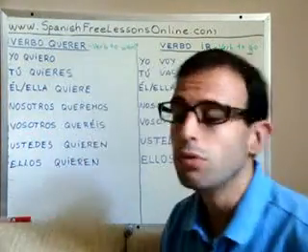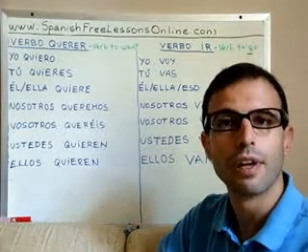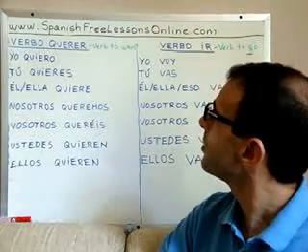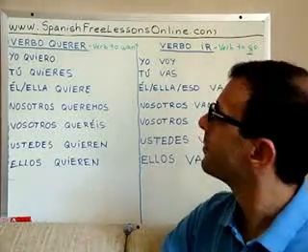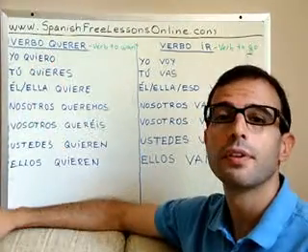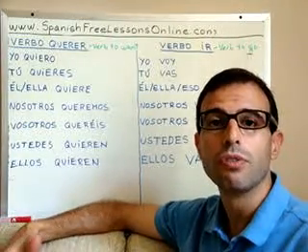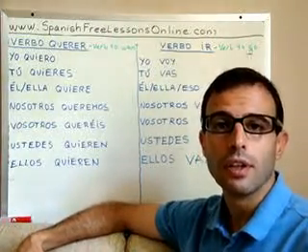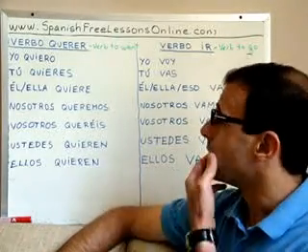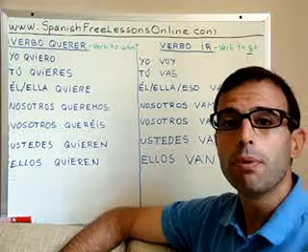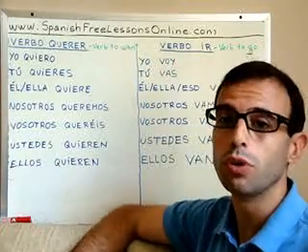So today, in our, I think it's our 25th lesson, we will learn these two important verbs. The verb to want, for obvious reasons, is very important because it's a verb that is used a lot in daily sentences and conversation. But especially important is the verb ir, or to go.